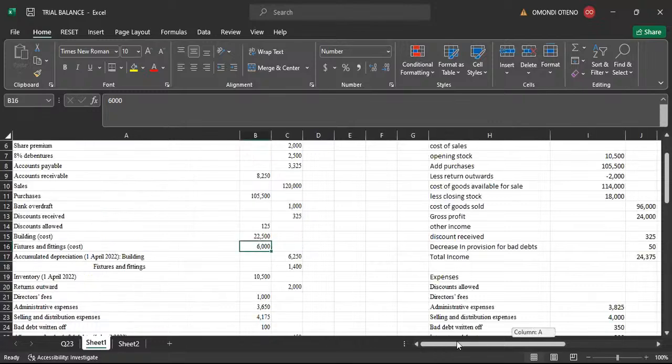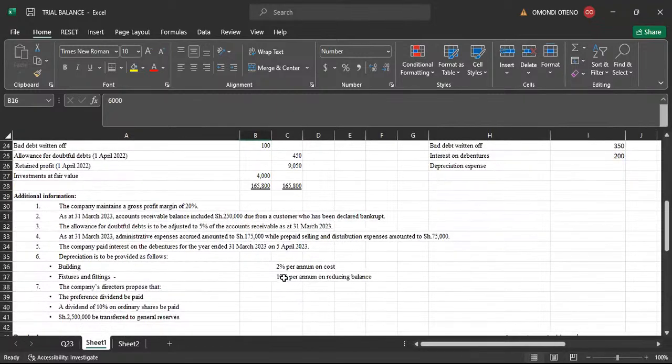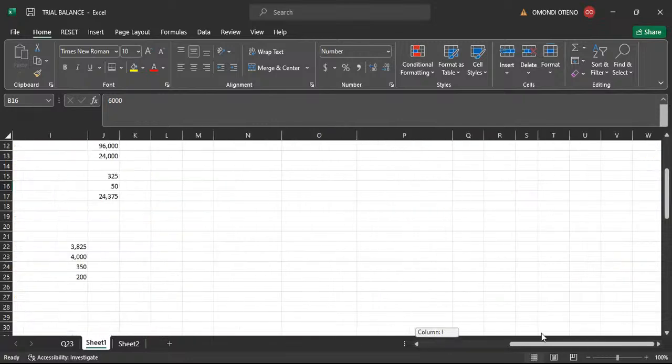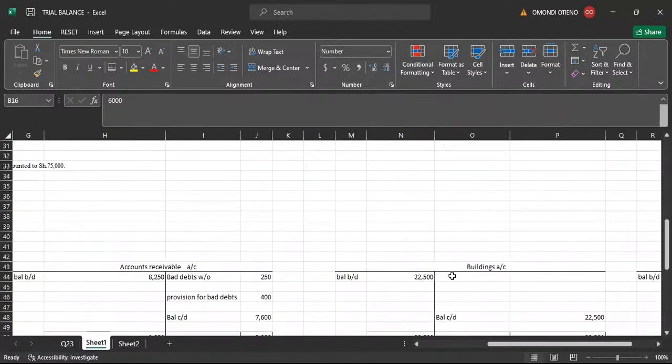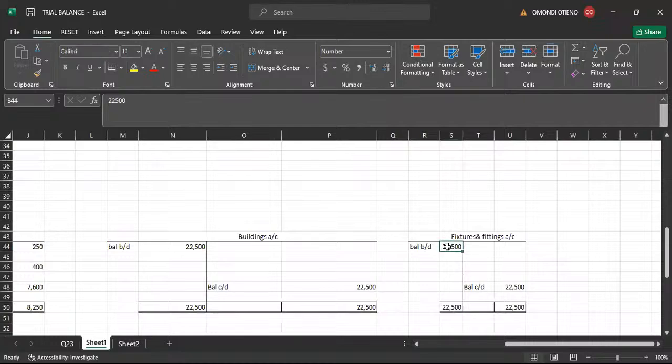So I have 6,000, 1,400 is there, and then it is being depreciated at 10% per annum on reducing balance basis. So let me take the cost first. 6,000. Let me bring it here.